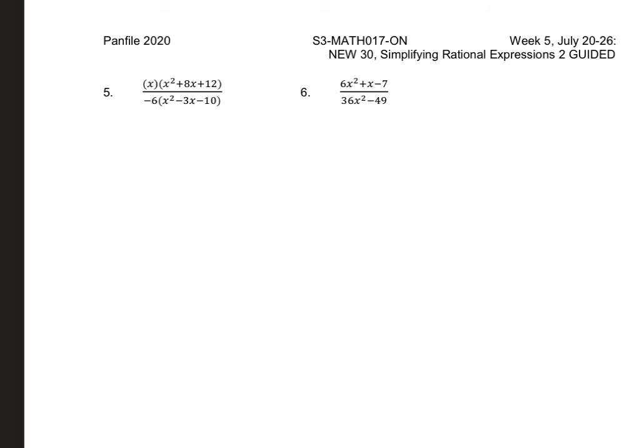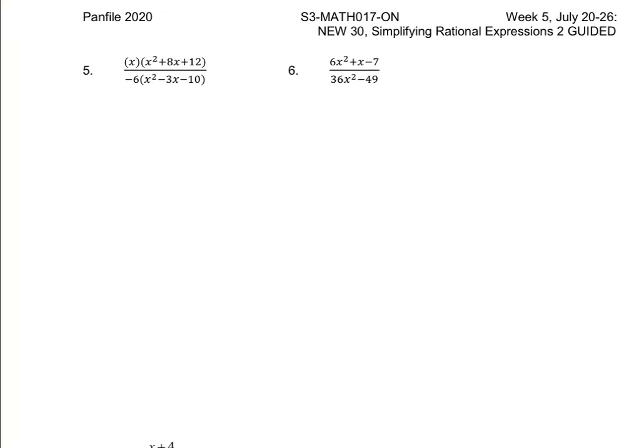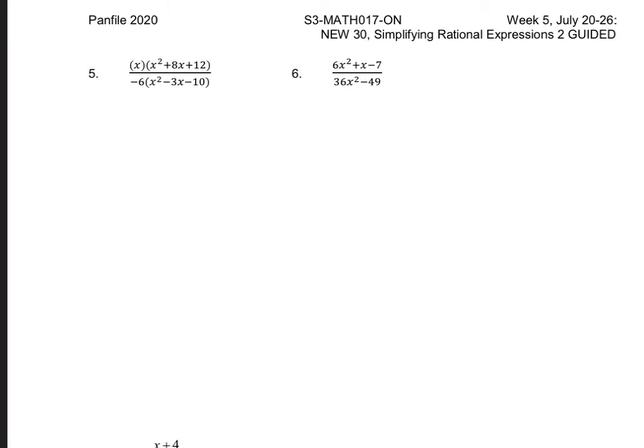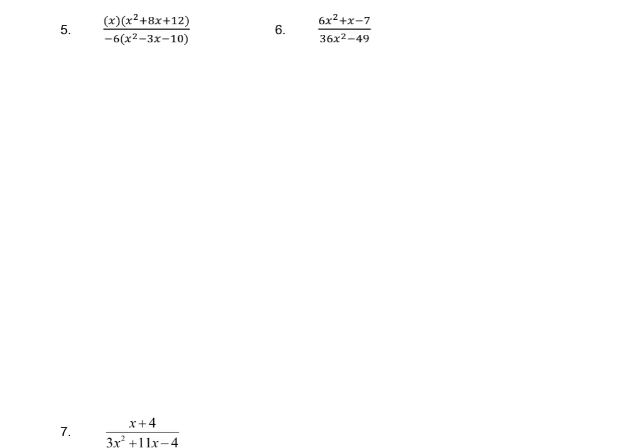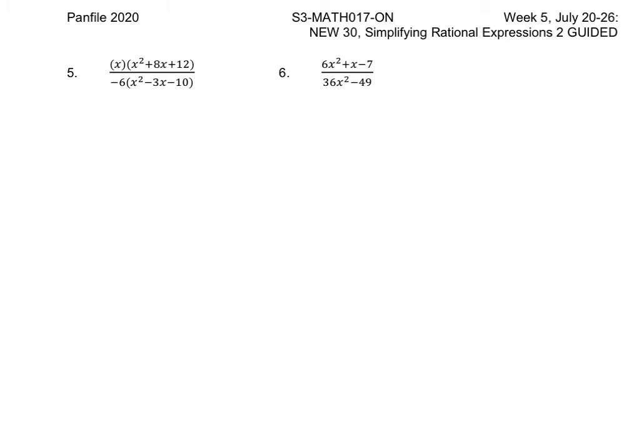On the next page, it gets a little bit more complicated. So for the first part, I need a pen. There are actually 4 pieces to number 5, and you can kind of tell where the parentheses are.